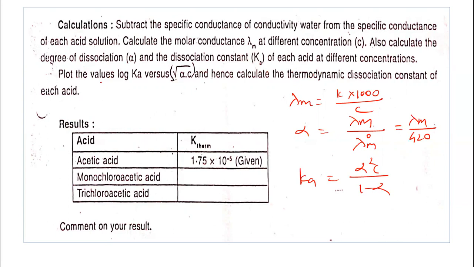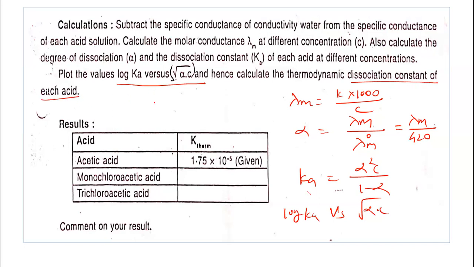Then we have to plot the graph of log Ka versus the square root of alpha into C. With the help of this graph we can determine the dissociation constant value of each acid.